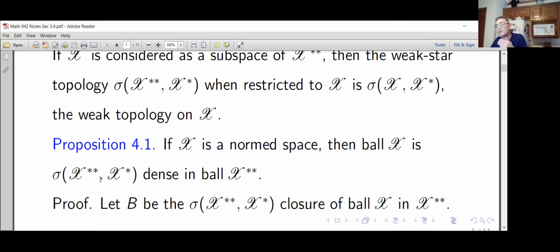To understand the topology in this form, we just remember this topology is defined by members of X star.